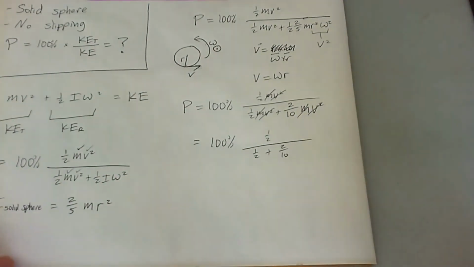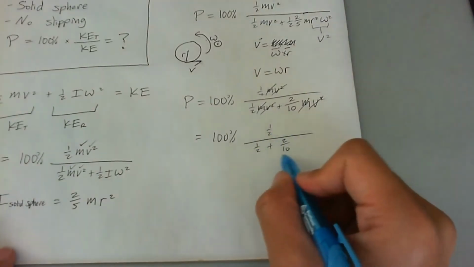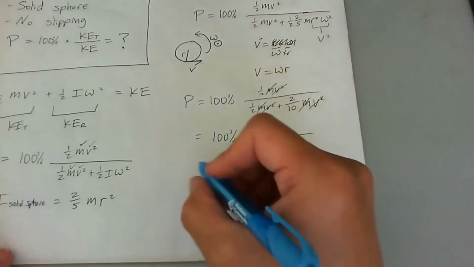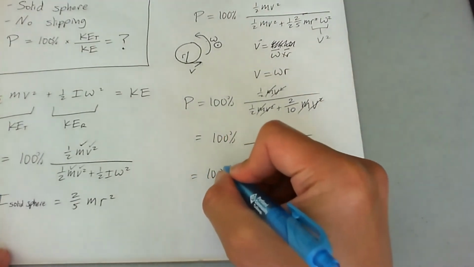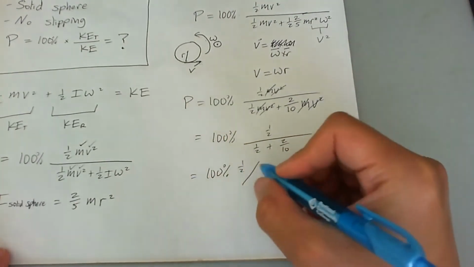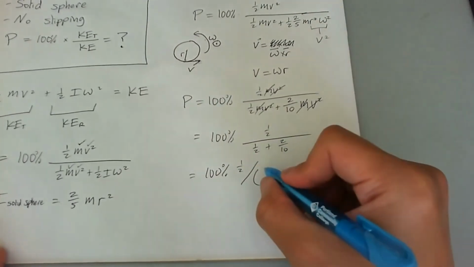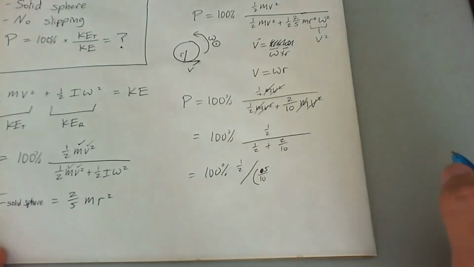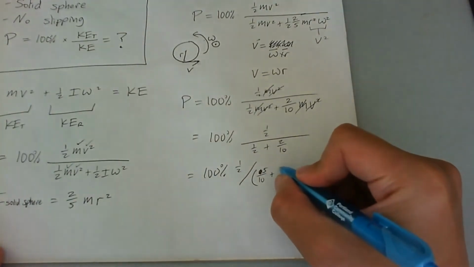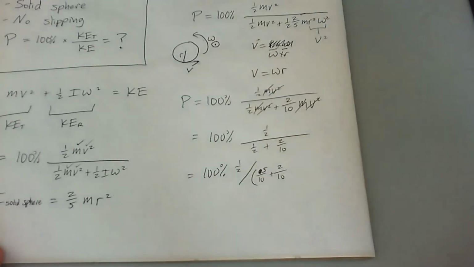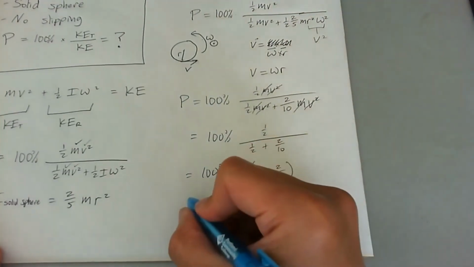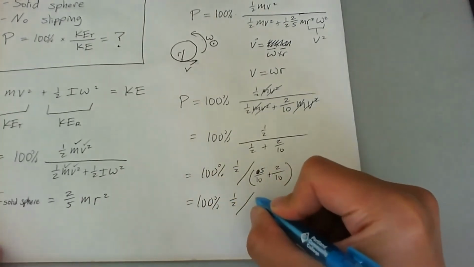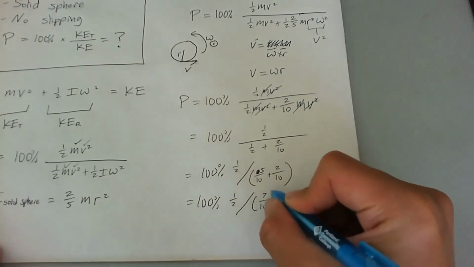I'm going to go ahead and solve this out algebraically. Best thing to do is try to get the denominator in terms of common denominators. So that's going to be 100 times 1/2 divided by, in this case, 5/10 plus 2/10. And that's going to come up to 7/10.